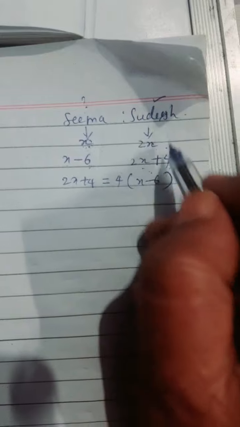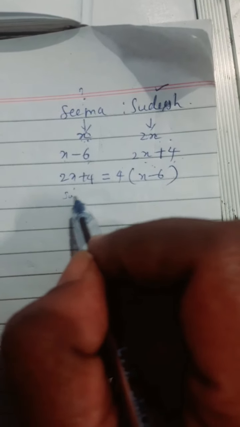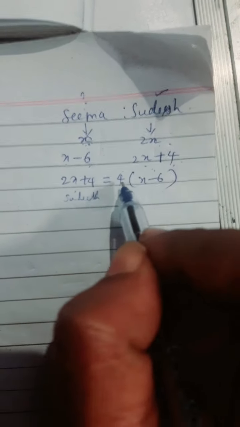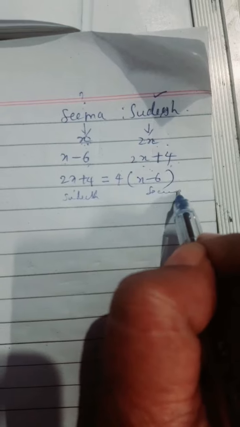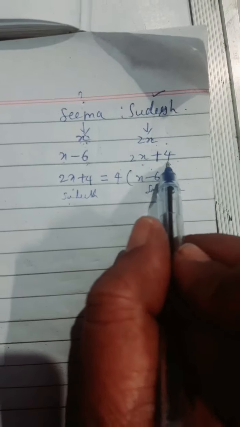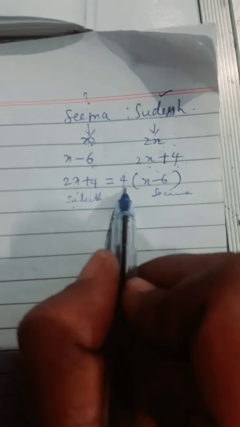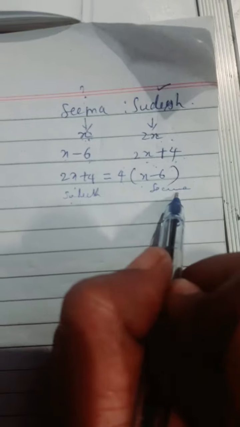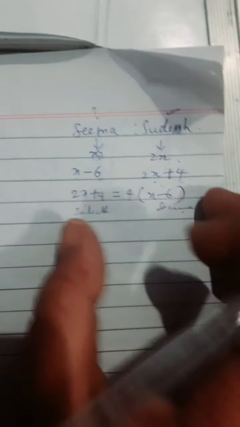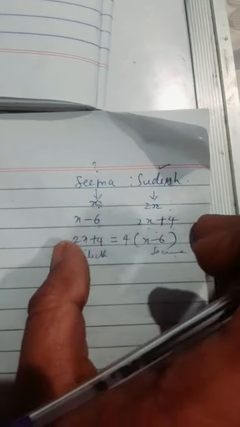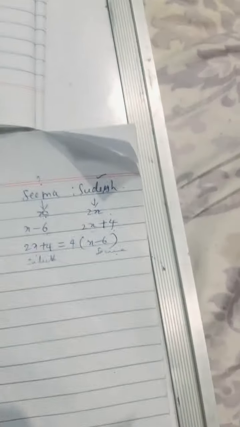And if 4 years is added to Sudesh, then 2x plus 4. Then Sudesh is 4 times Seema. So, Sudesh's age we have to write after adding 4, 2x plus 4 is equal to 4 into Seema's age. This equation we should be able to form, children. Then only we can solve for x.